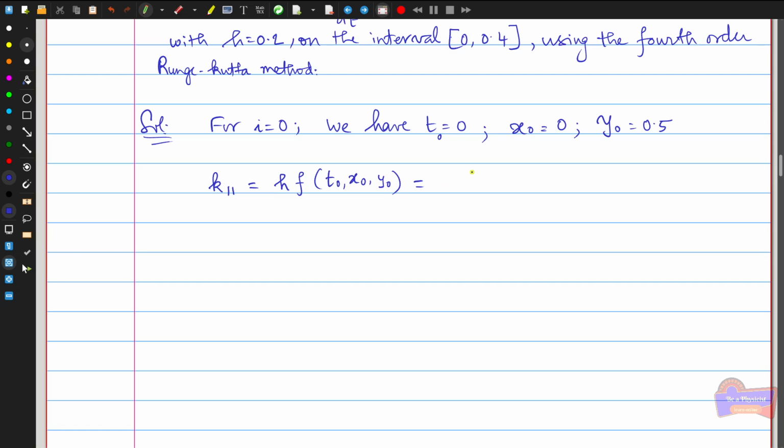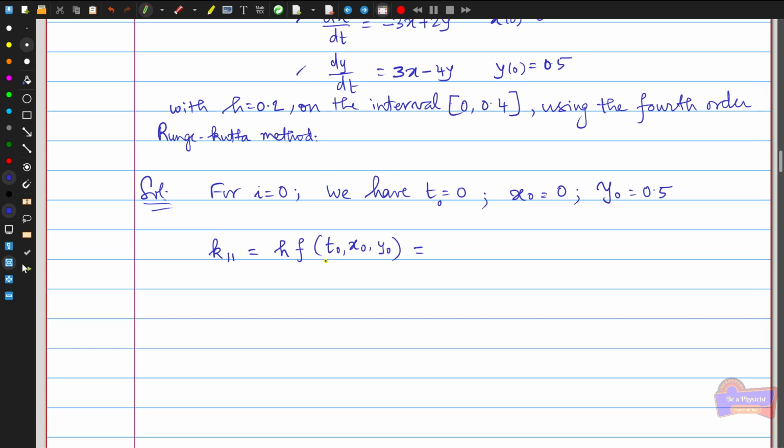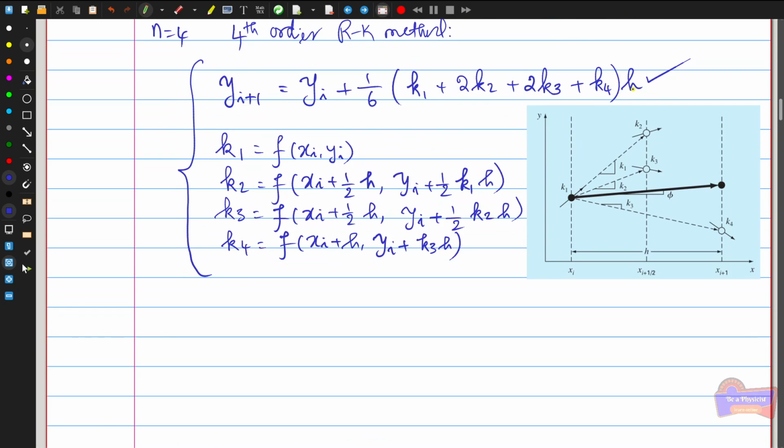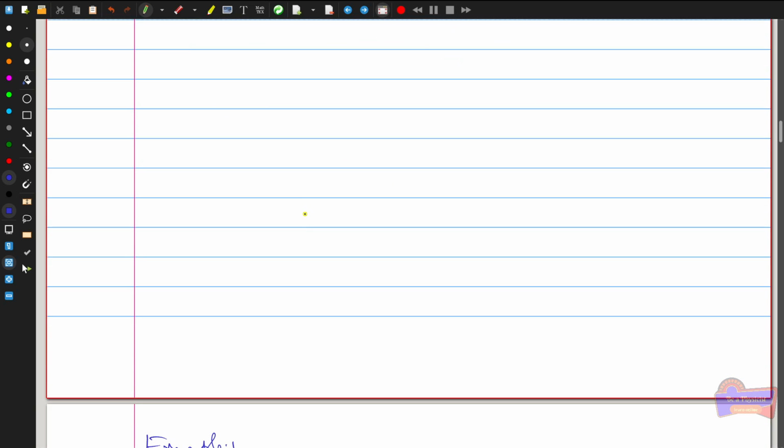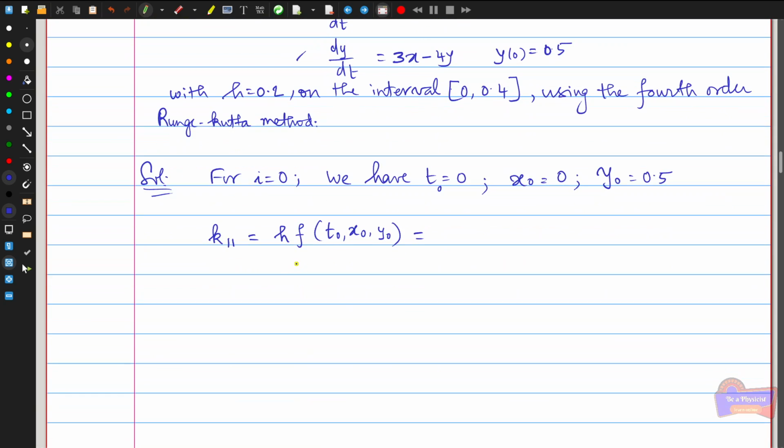Here, instead of multiplying the entire slope by h later, every time I am going to use the factor h when calculating k1, k2, k3, k4, and then I can use them in the average equation without this h. So I am going to first find the slope for this f of t0, x0, y0.